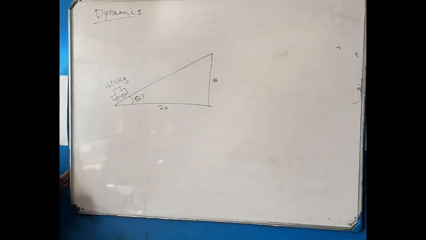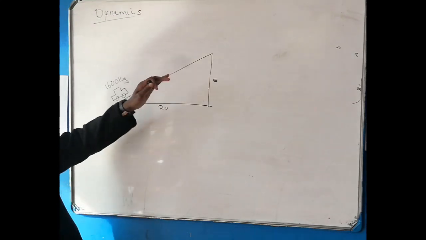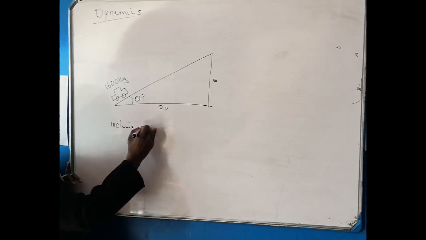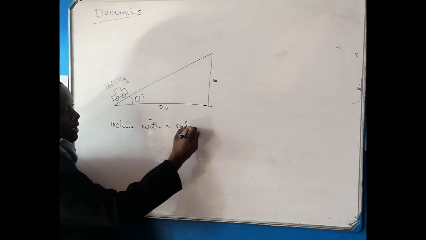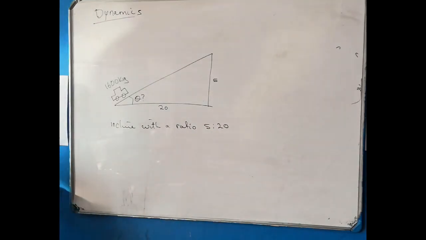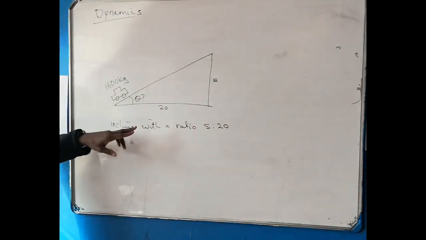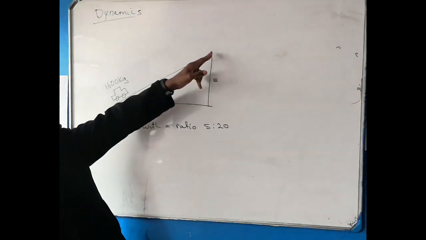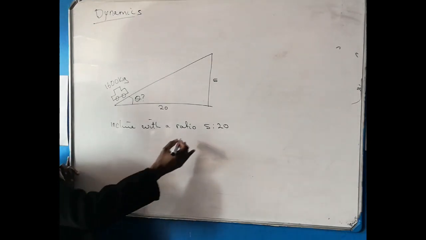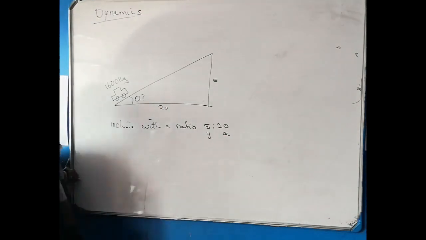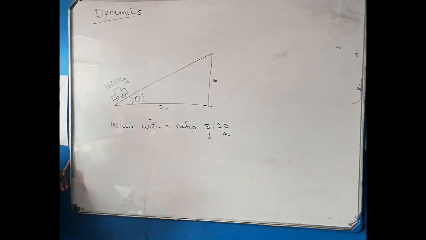They'll say a vehicle goes up an incline with a ratio of 5 to 20. 5 is our y-axis, 20 is our x-axis.